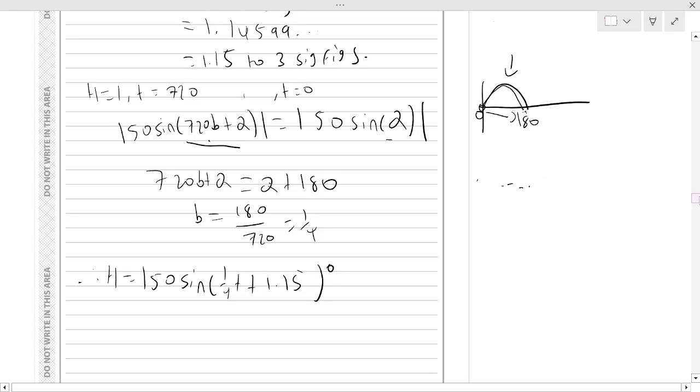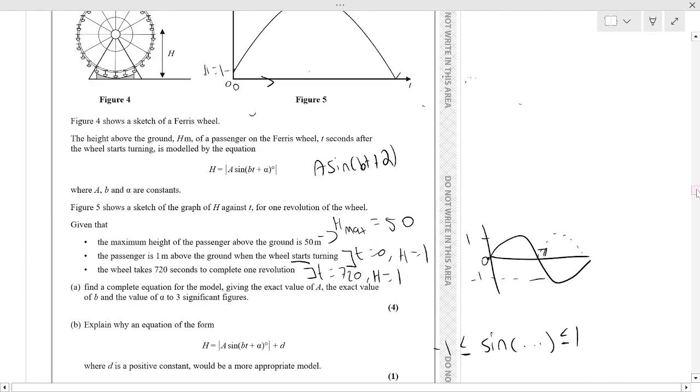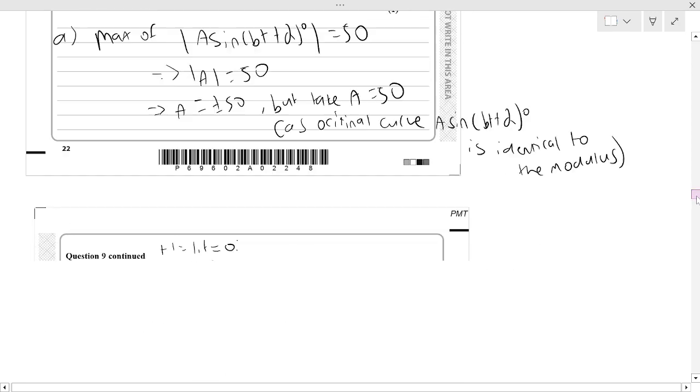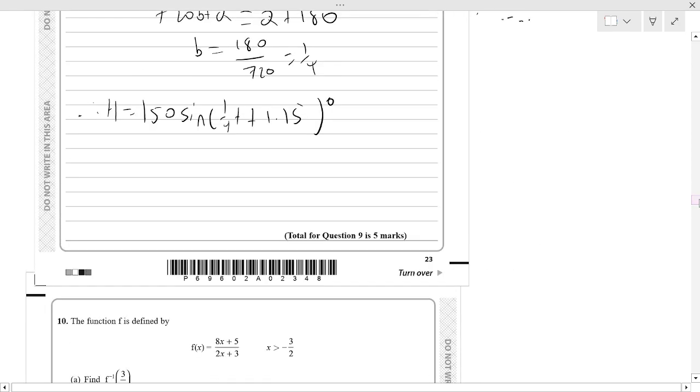That was alpha. So a complete equation is essentially just finding all the missing values, right? So that's your complete equation. You need to restate the equation with all the values filled in. Anyway, oh my god, what a question.